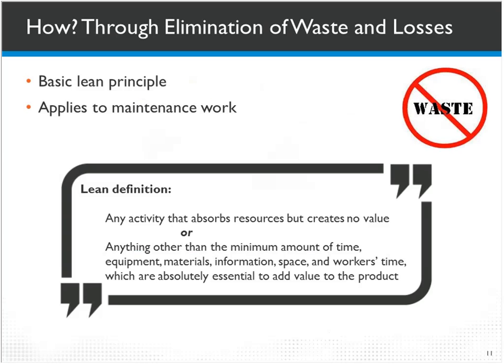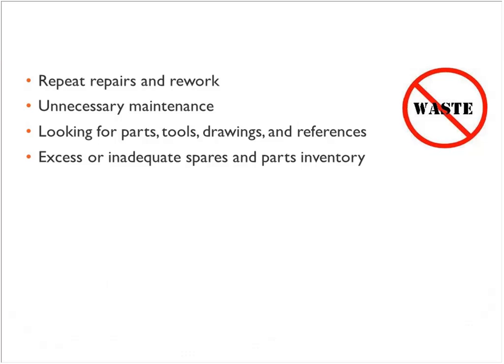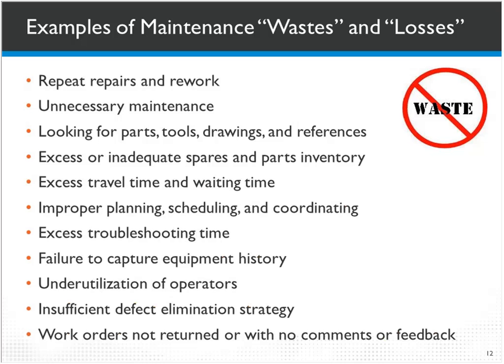That has to do with the way we apply lean management principles, such as the elimination of waste, to maintenance work. You can see the types of maintenance waste and losses that we classically see when we do an assessment of a company's potential for improvement, and give them an understanding from our point of view of what they're doing well, what they're not doing so well, and where their improvements are.